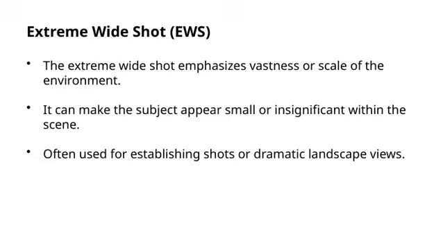You'll often see this shot used for establishing scenes, setting the stage so viewers understand the context or environment. It's also perfect for dramatic landscape views that highlight the beauty or enormity of a location. In the bigger picture of visual storytelling, the EWS helps us communicate scale and context effectively. It's a powerful tool for creating an emotional connection and setting the tone for the scene that follows.